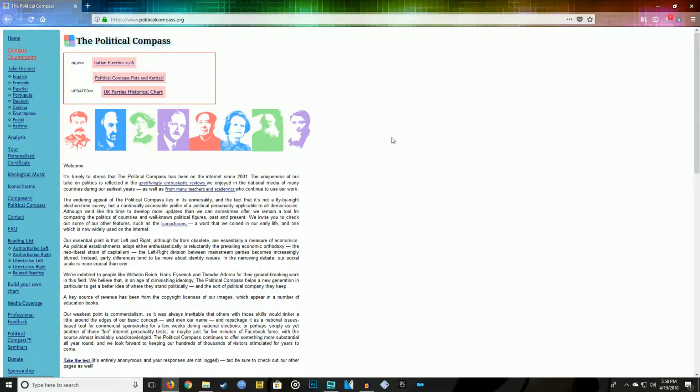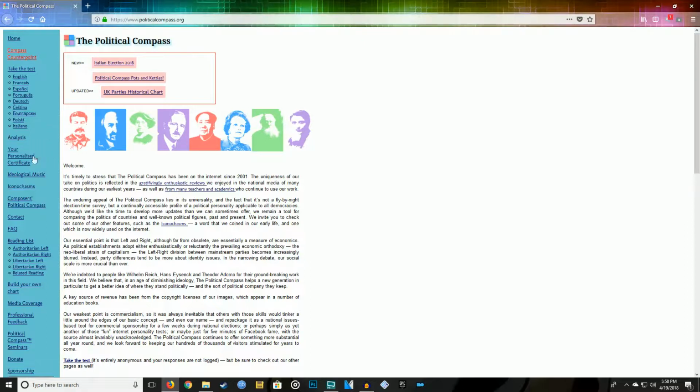Okay, so this is the main page. This test is called the Political Compass, and it's actually pretty informative. If you look over here on the left, you can take the test right here up in the front, and it gives you a bunch of languages to choose from.